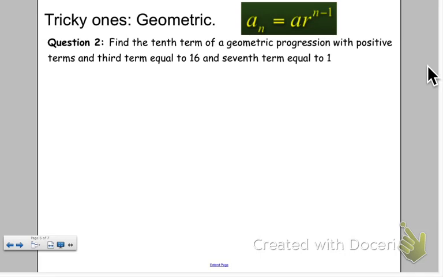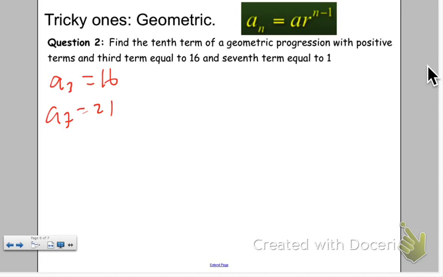So what that says is that the third term is 16, and the 7th term is 1. And how do we get those numbers?